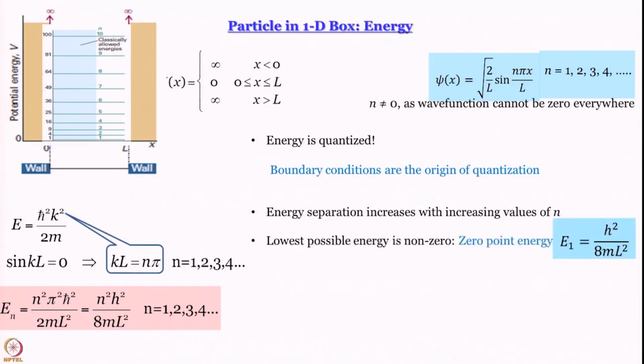The second important observation is that a zero energy is not possible, because the smallest value of n, the quantum number, is 1, and for that the energy has a value of h square divided by 8 m L square, which is non-zero. This brings us to the concept of zero point energy, and this is something that becomes a governing factor when we discuss the simple harmonic oscillator.